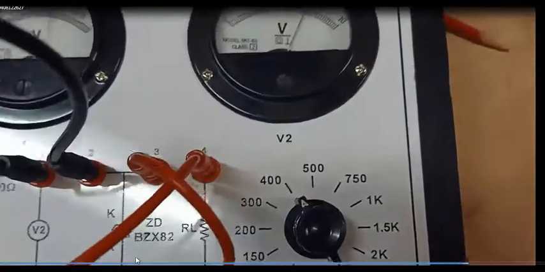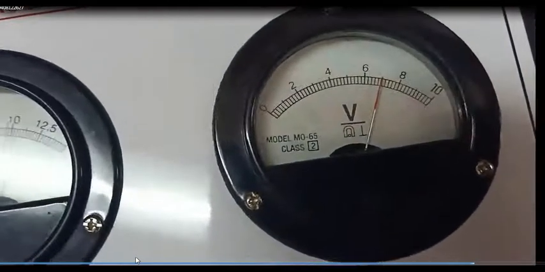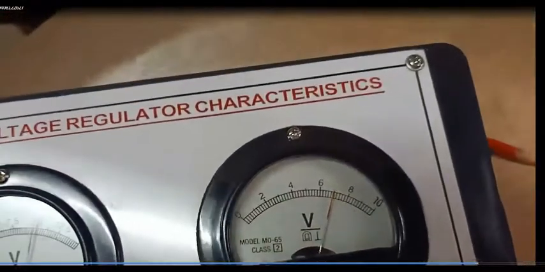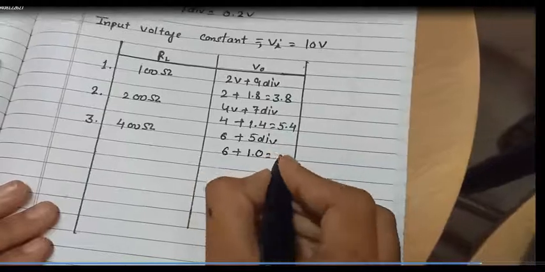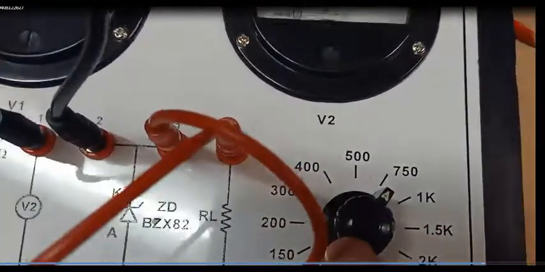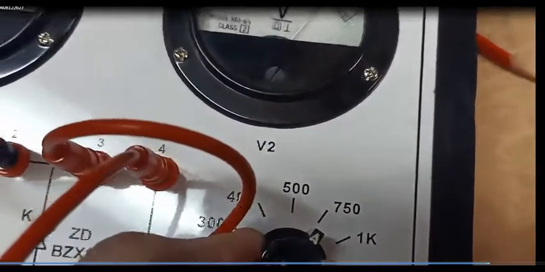And for 200 ohm was the reading. Similarly, you find at 400 ohm, okay, and then for the other resistors. Like 400 ohm, it is near about.